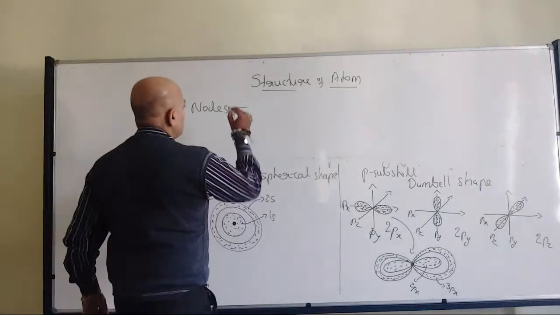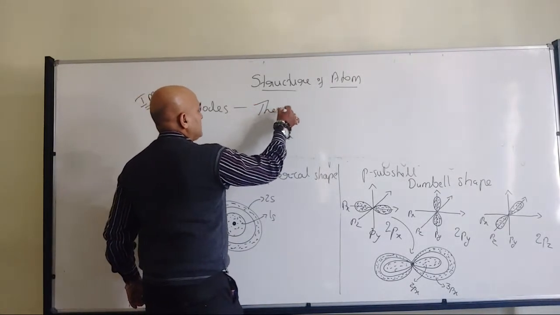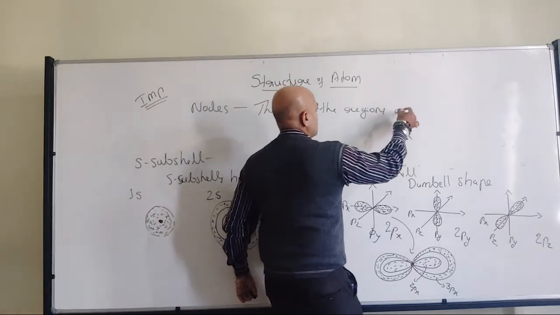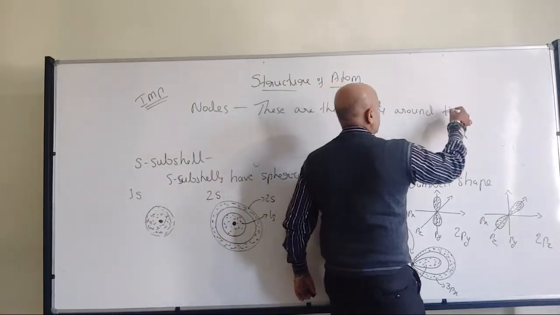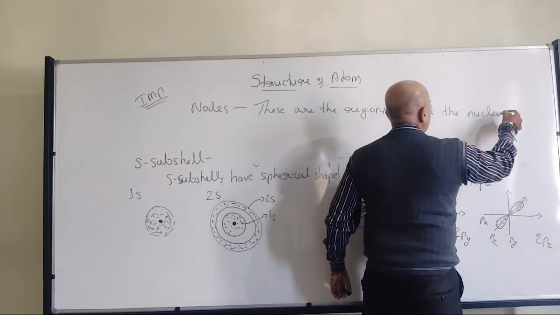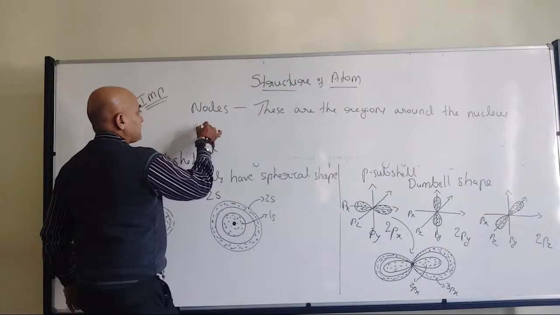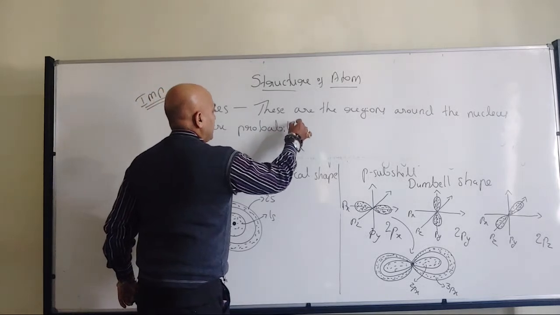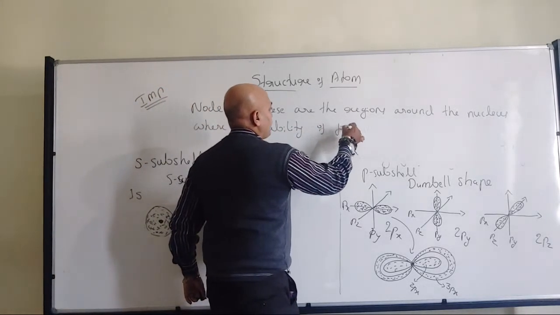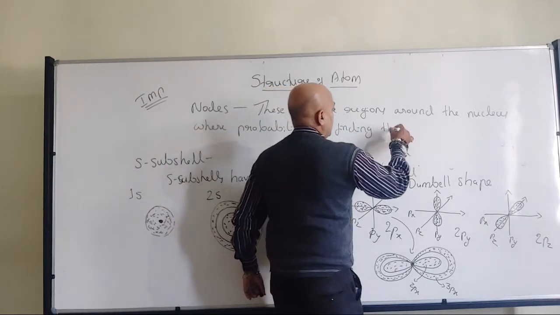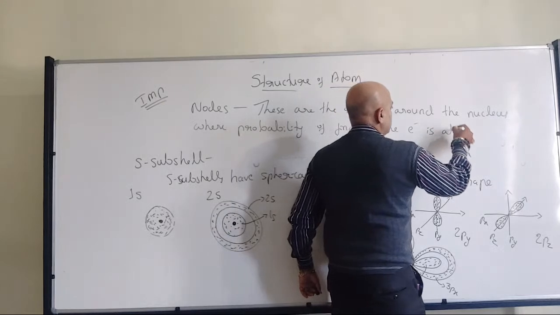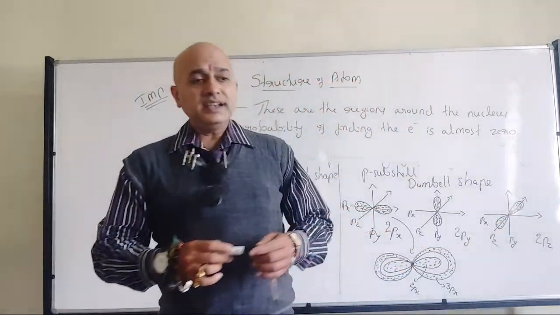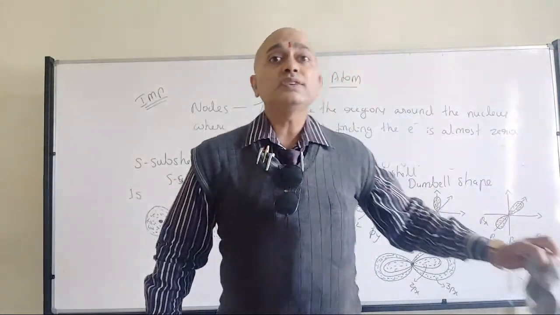Now when I am talking about nodes, I can tell that these are the regions around the nucleus where the probability of finding the electron is almost zero.